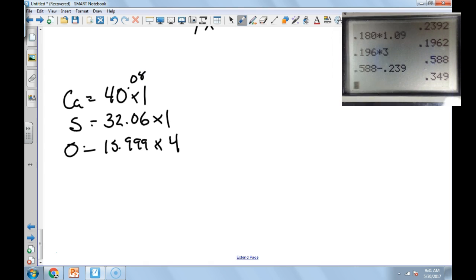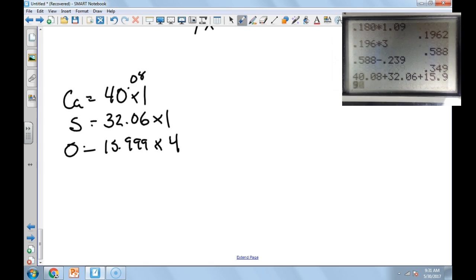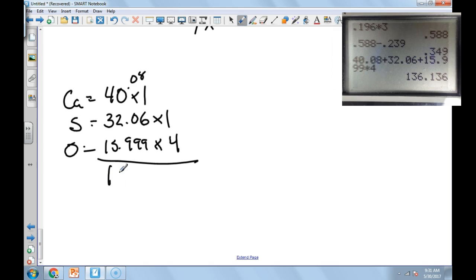Okay, so let me call up my calculator again. So I'm going to do 40.08 times 1 is still 40.08 plus 32.06, plus 15.999 times 4. And we get the total of that is, that's convenient, 136.136. And the units on that is grams per mole.